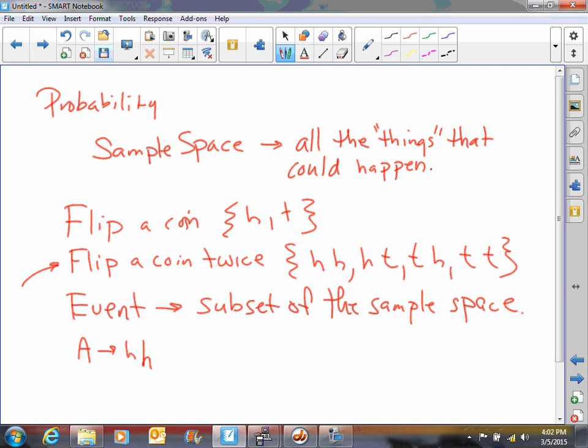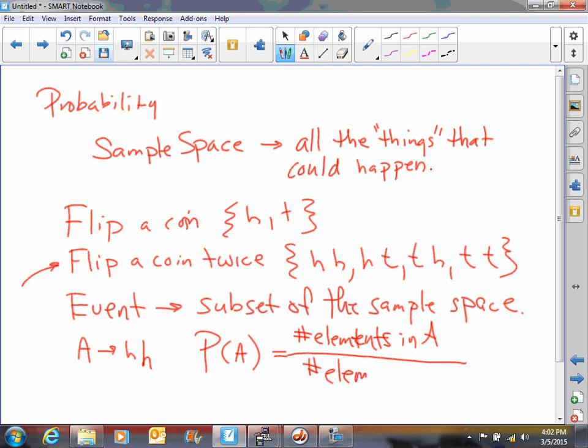Now, we're ready to define probability. The probability of an event, and usually we'll do P of A, the probability that event A occurs, is equal to the number of ways, or the number of elements in A divided by the number of elements in the sample space.